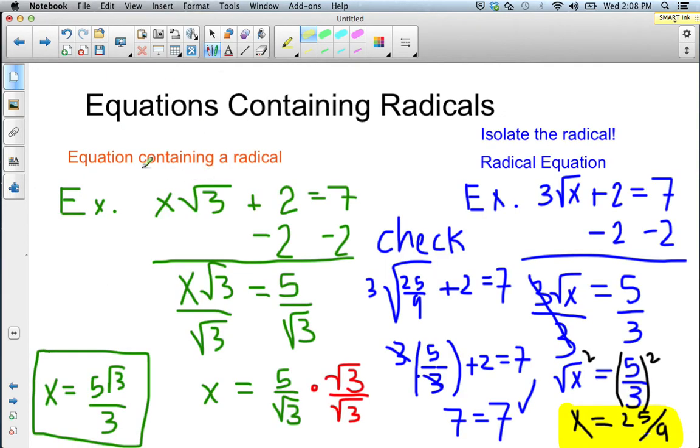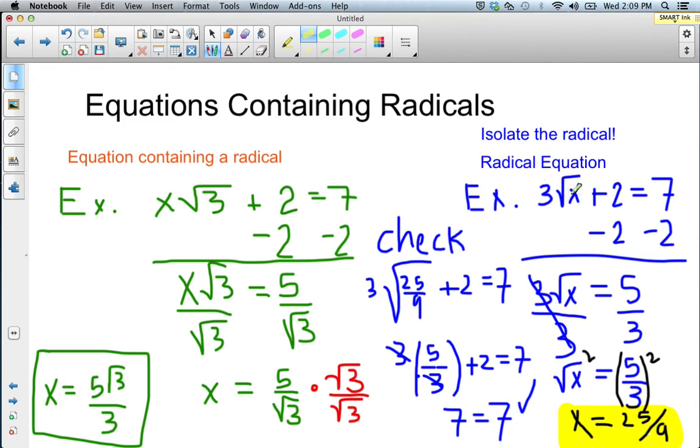So again, remember, an equation containing a radical is this. You can just isolate the x, you're done. A radical equation actually has the variable under the radical sign, which is here. And you have two options. You can isolate the radical, or you can isolate the radical term.